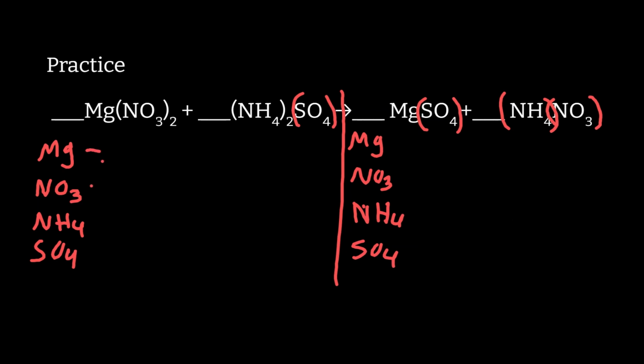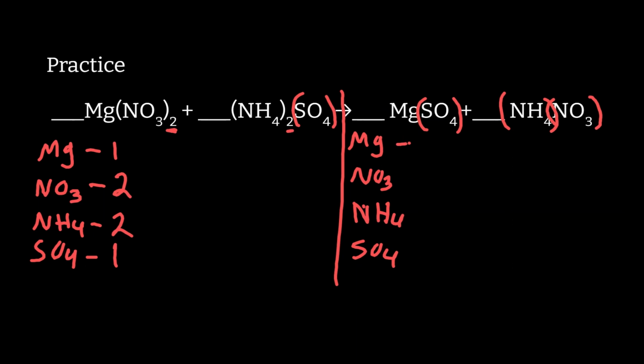Counting up our number of atoms, we have one magnesium, we have two units of our NO3, then we have two units of our NH4, and we have one unit of our SO4.